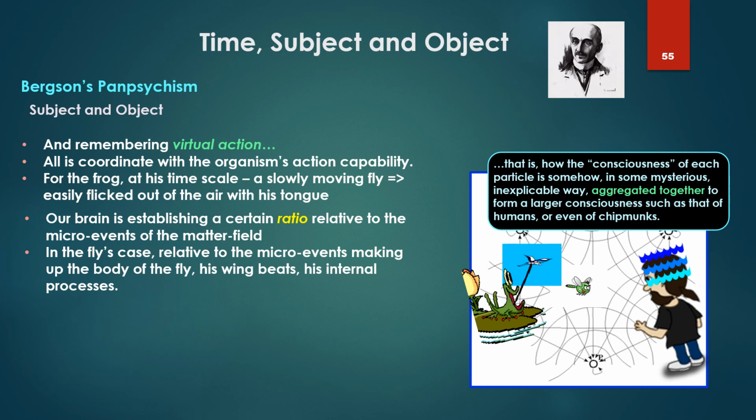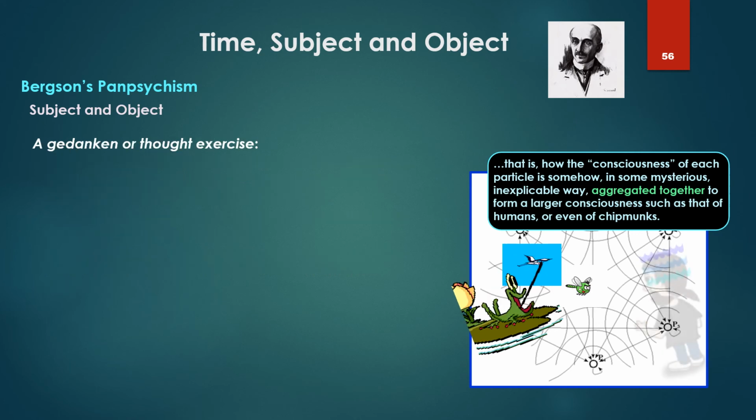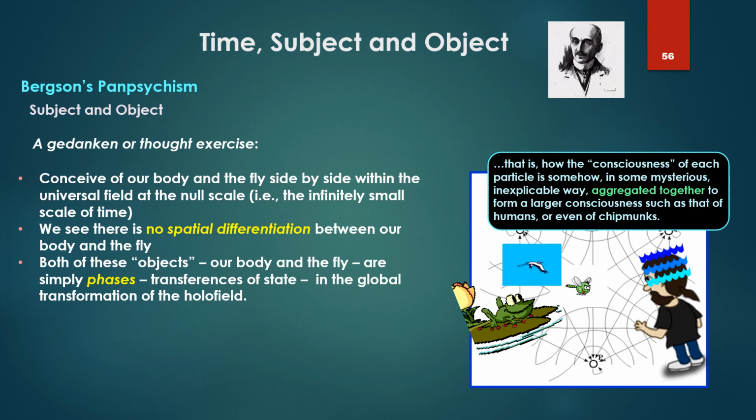Our brain is establishing a certain ratio relative to the micro events of the matter field. In the fly's case, relative to the micro events making up the body of the fly, his wing beats, his internal processes. A little Gedanken or thought exercise. Conceive of our body and the fly side by side within the universal field at the null scale, that infinitely small scale.